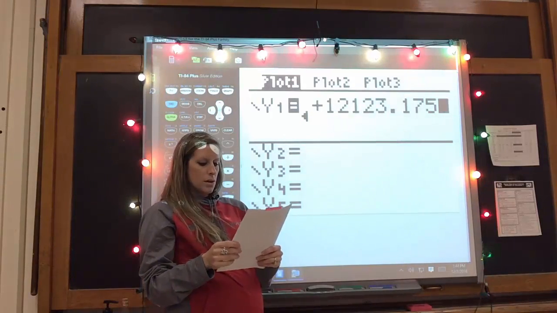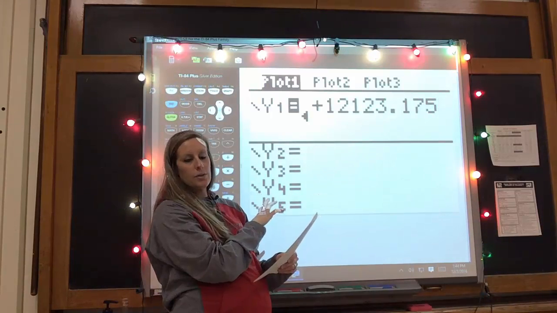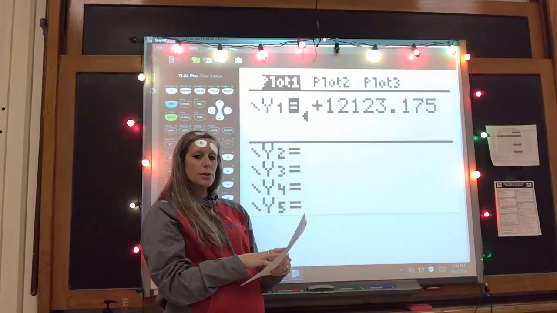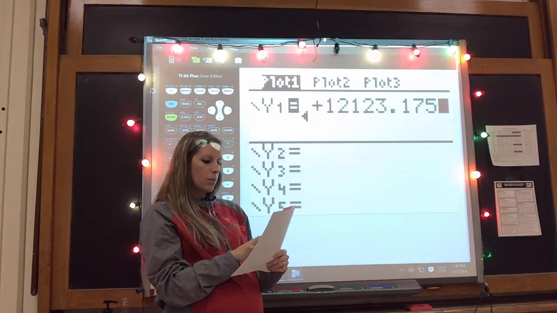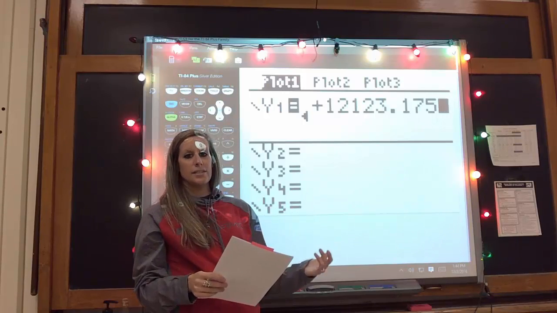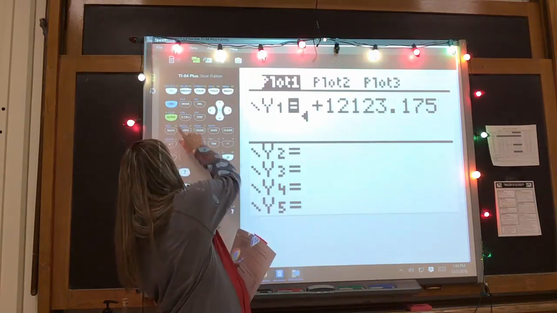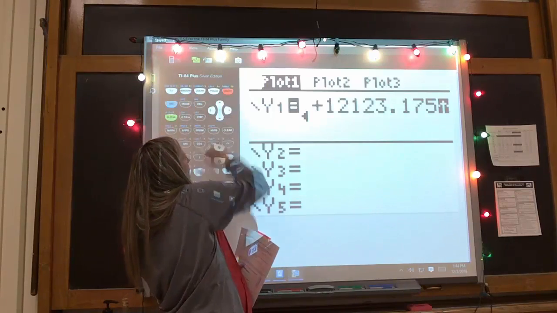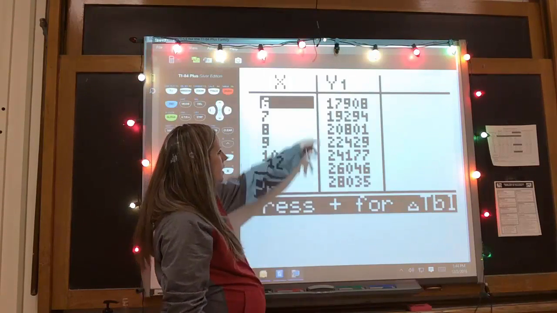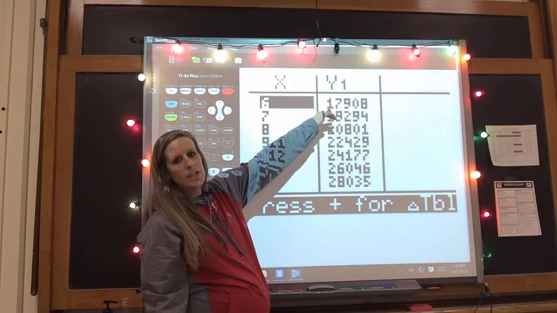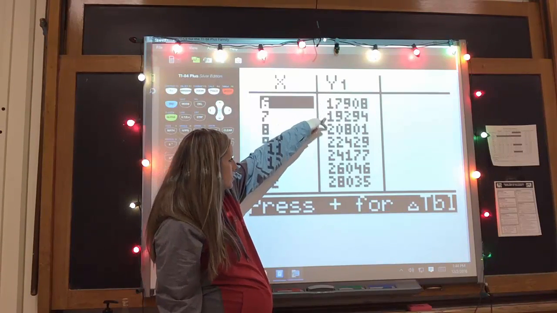Once you have your equation in Y equals, we're going to go to our table and figure out what year it finally hits that $37,000. So press second graph. We're going to go to our table, and you can look at your table right now, and it's going up.